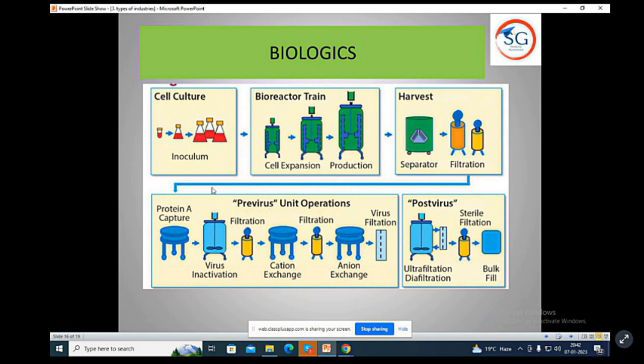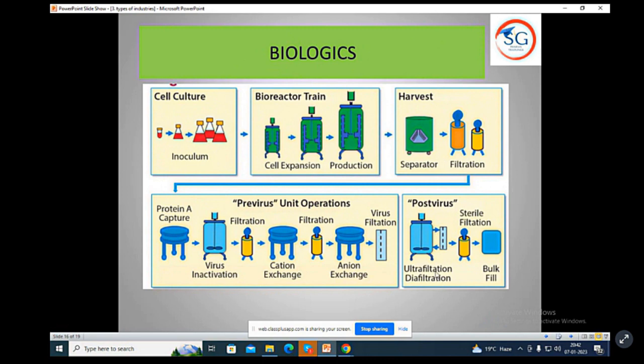In pre-virus operation, the first thing is the main virus should be inactivated. Once it is inactivated, it will be filtered by the cation and anion exchanges, and then we will get the required virus. Then this will be taken into filtration tanks, like ultrafiltration and diafiltration.